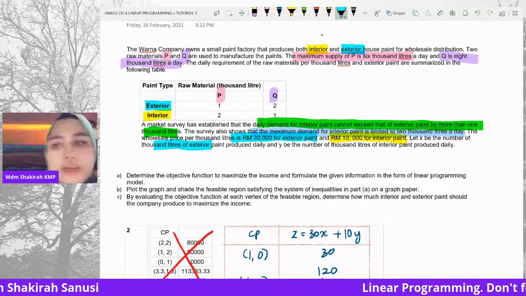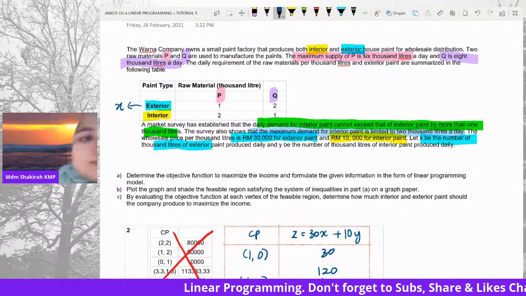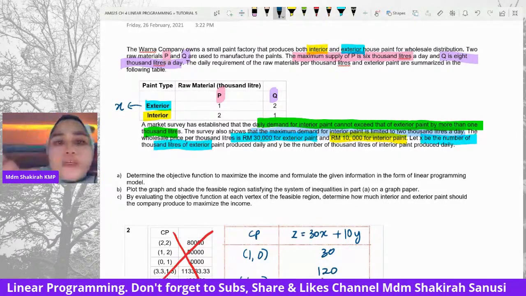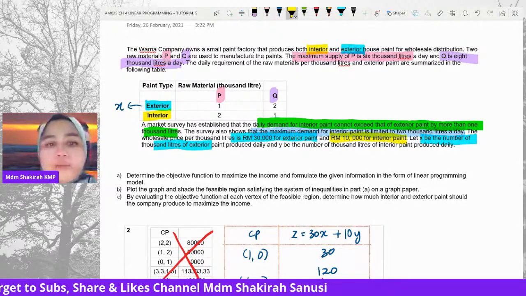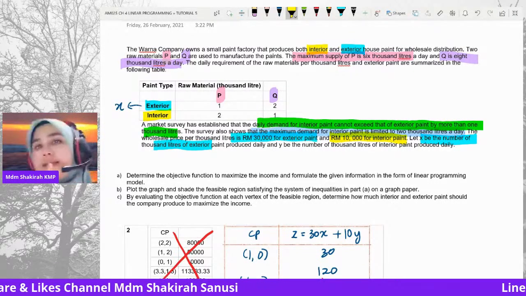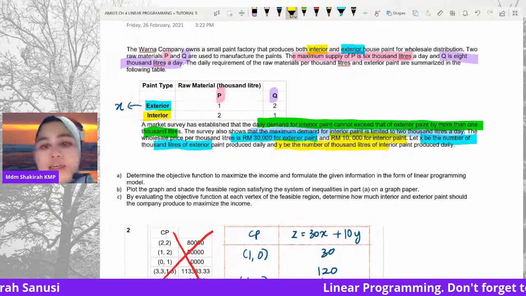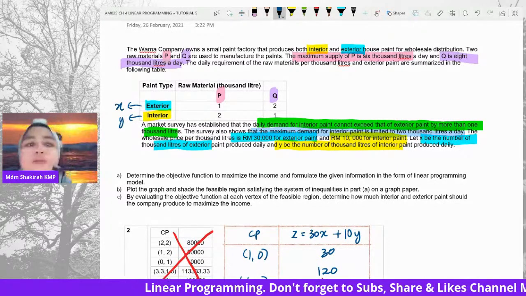Walaupun tadi kalau you perasan dia sebut interior dulu, dan baru dia sebut exterior, doesn't mean that interior adalah X. Sedangkan dekat sini dia dah define Y. So jangan tertukar sebab kalau you tukar X dengan Y tu habis you punya solution.